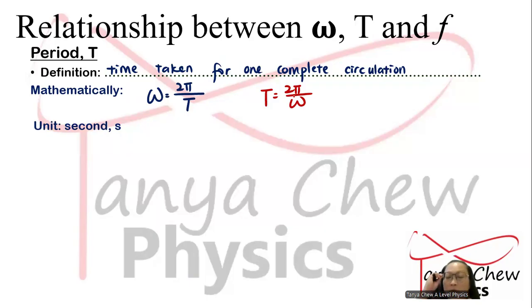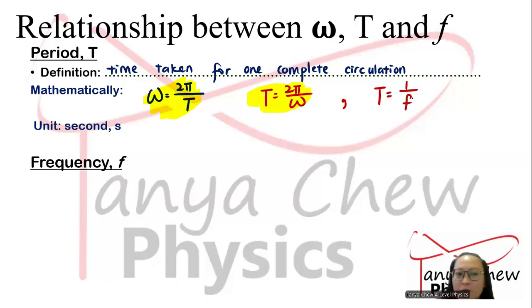All quantities related to time are scalar quantities. You do not have any direction for time, right? So all you need to do is memorize the relationship between period and omega, or angular speed. Or the other one, period is also equal to 1 over frequency. You have learned this before in high school.